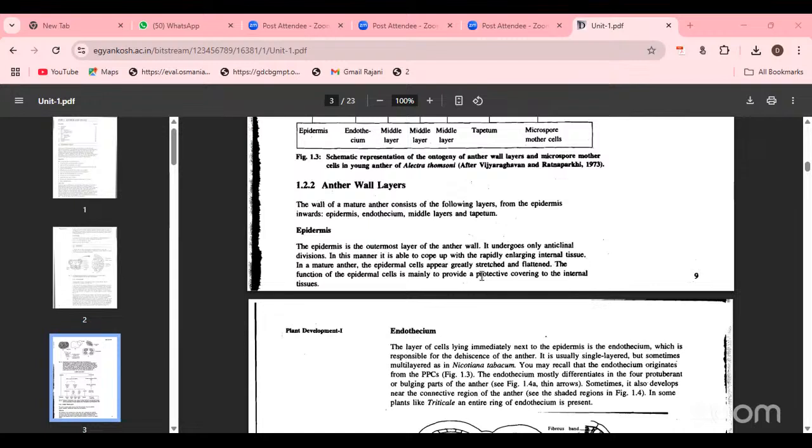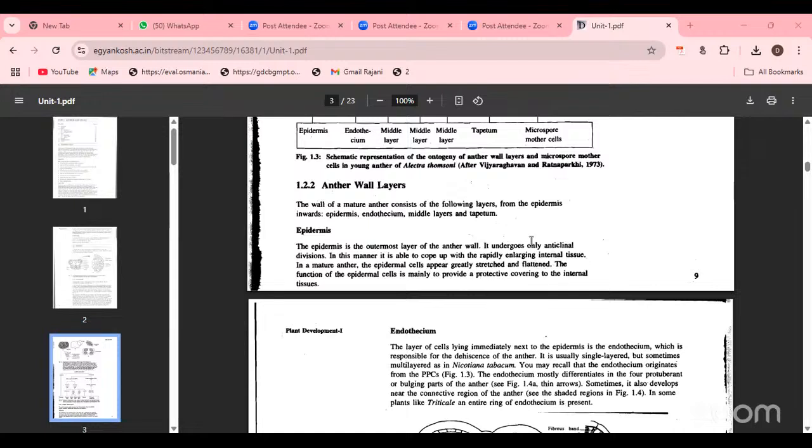The epidermis is the outermost layer of the anther wall. It undergoes only anticlinical division. In this manner, it is able to keep up with the rapidly enlarging internal tissue.